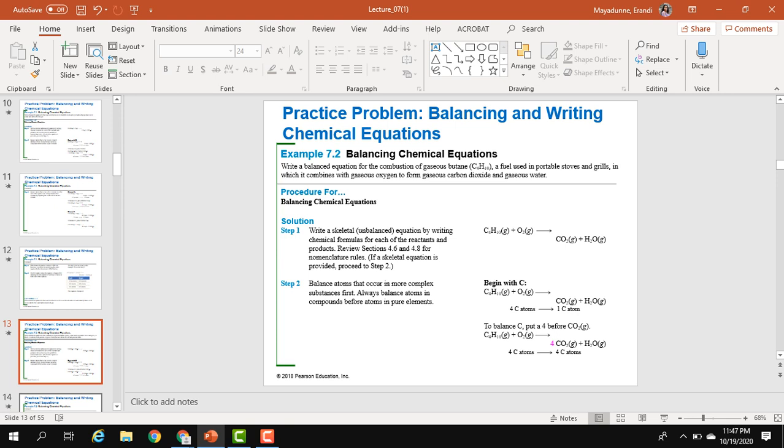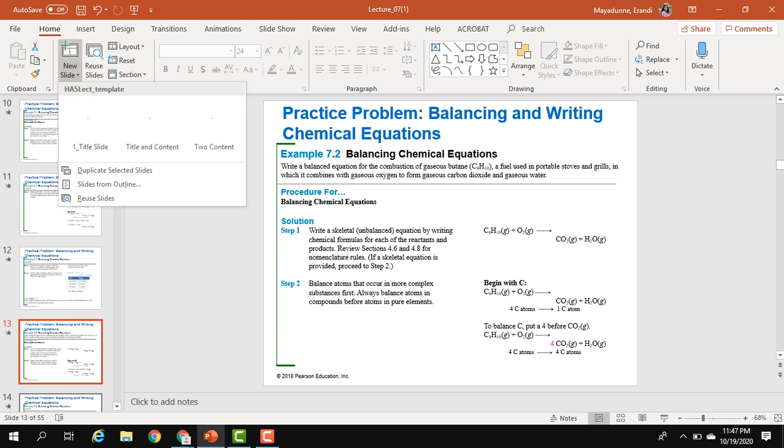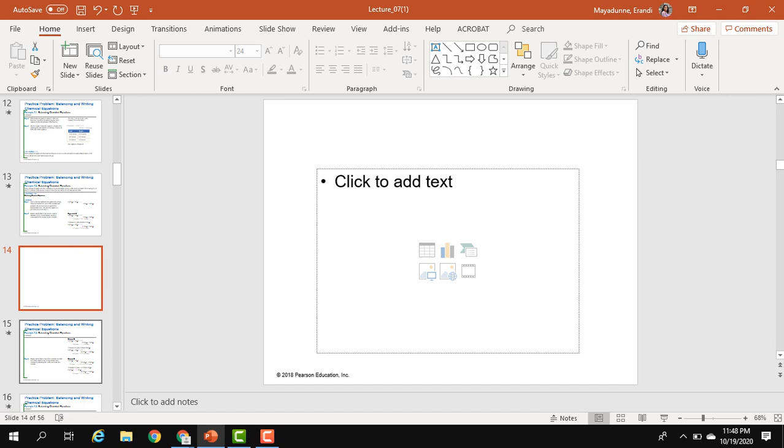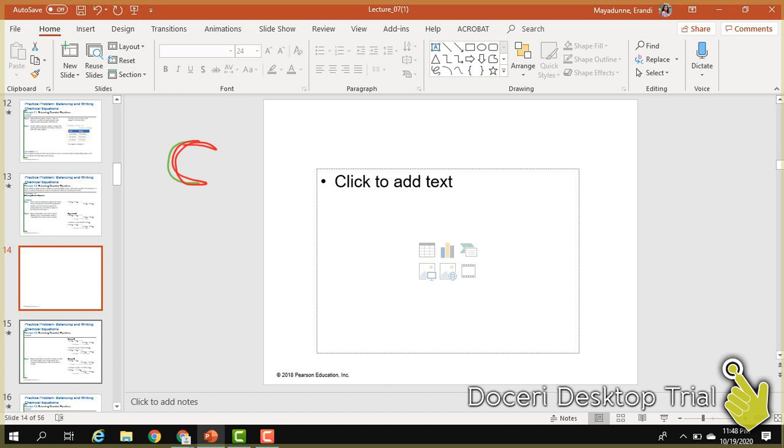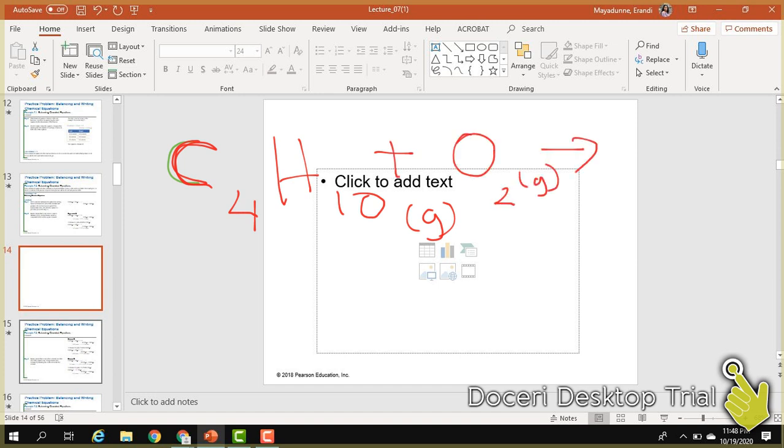So now my reaction: C4H10 butane gas reacting with oxygen gas gives me carbon dioxide gas and liquid water.